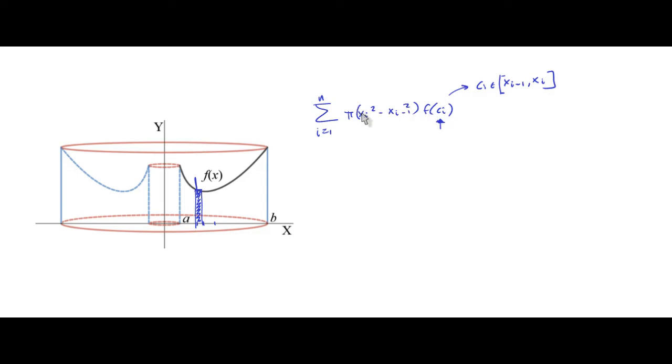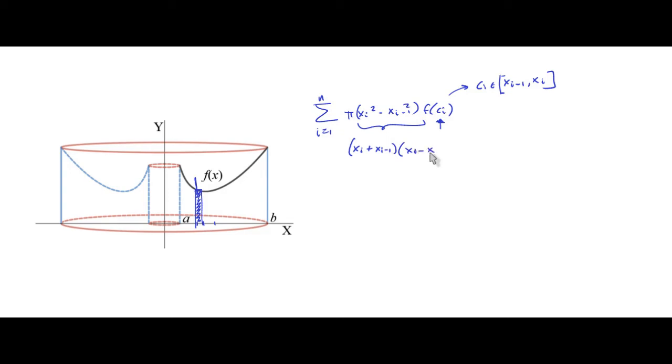Okay, now when we take the limit, we get to the integral, but in order to get the limit, what you need to do is get an xi minus xi minus 1 in this formula. Remember what we have done with Riemann sums before. But here, you can do this like this. This is the difference of the squares.